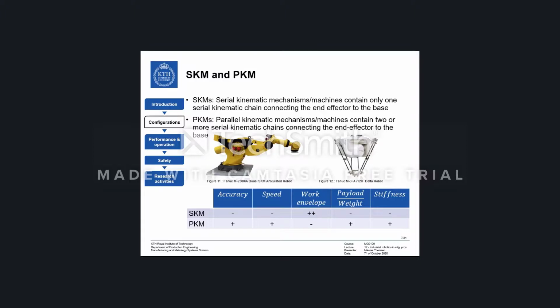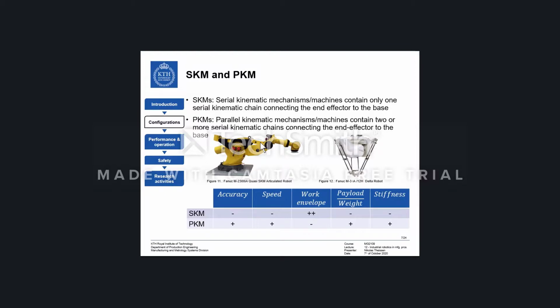A short side note. The serial kinematic mechanism in figure 11 is actually not a serial kinematic mechanism. It is something which is called a quasi-serial kinematic mechanism, and that is due to the fact that, as you can see, there's actually more than one serial kinematic chain connecting the end effector to the base, but the huge differentiation is that this is a passive chain.